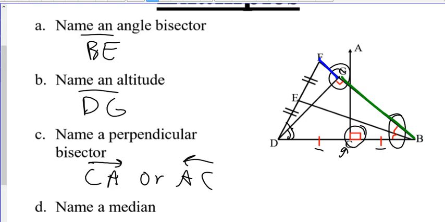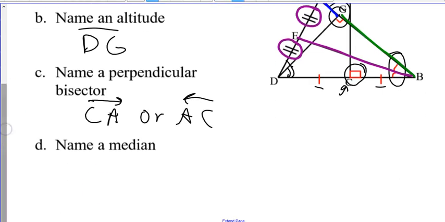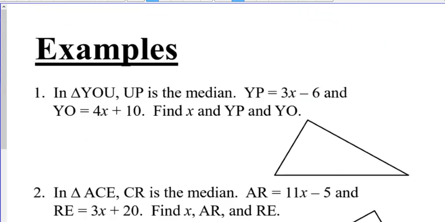So it is not from D. There's nothing coming from F, so let's look at B. B has a line right here, and it splits this side into two equal pieces. That makes it a median. So line segment BE is a median. It comes from a vertex, and it splits the opposite side into two.